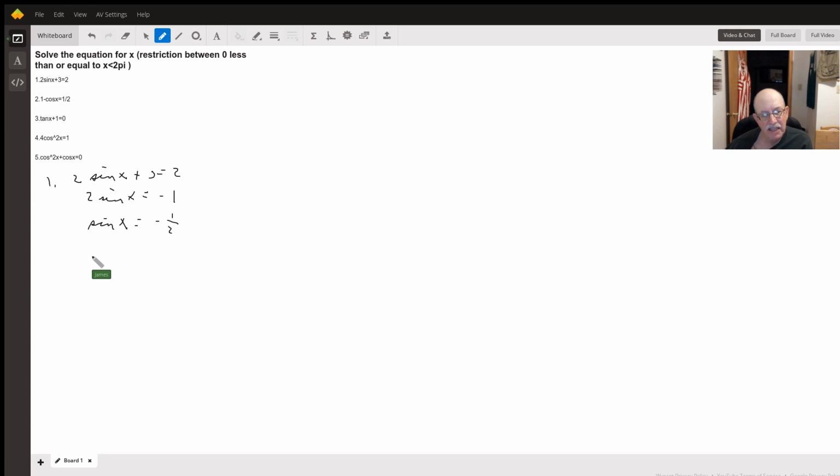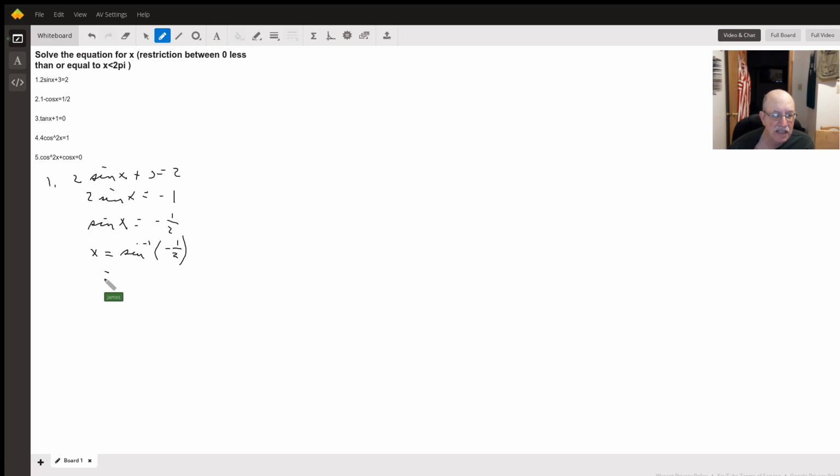Now we're going to take the inverse sine of both sides and we'll get x equals the inverse sine of -1/2. Well, what this is really asking us is which angles have sine values of -1/2.